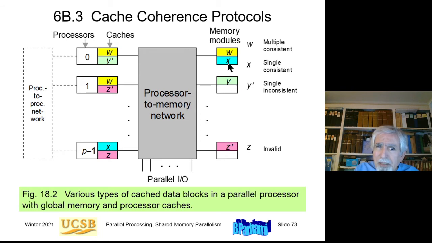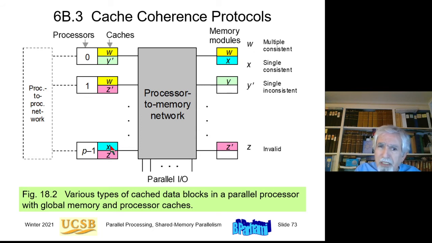Okay, X has a single copy, and therefore, obviously, if you have a single copy, it's consistent. Then if this processor decides to write into this, the copy becomes inconsistent with the copy in memory. But as long as the other processors do not access X in memory, this inconsistency is not a problem.